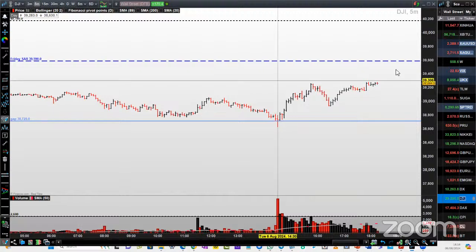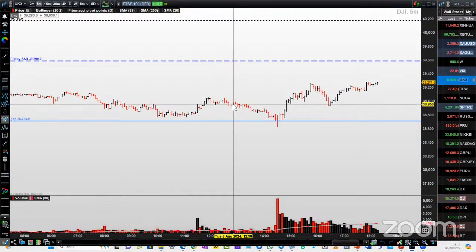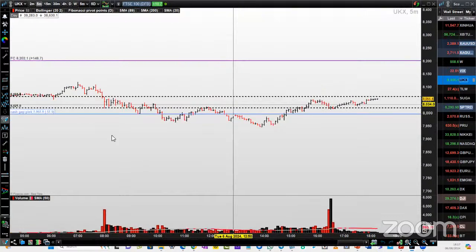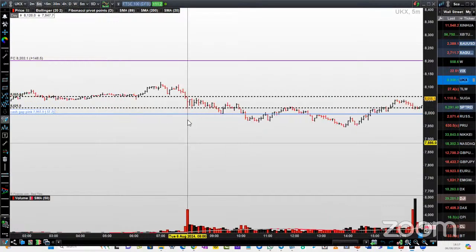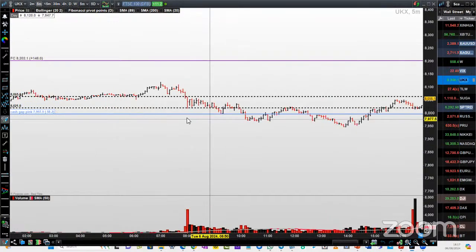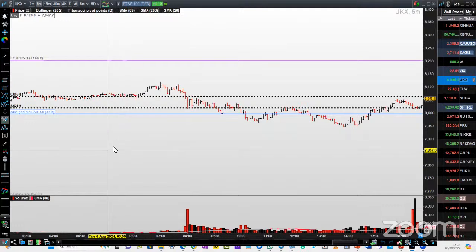Let's have a look at the FTSE. You can see why I don't bother with the FTSE, because it's just so slow. Let me just grab it. So this is already marked up for today. The first bar was here. That's a lower close. So at 8 o'clock this morning, we saw a range of 80.65 and 80.21.